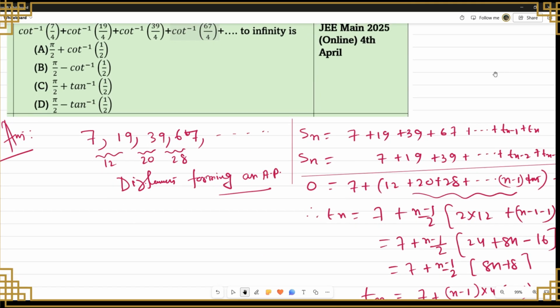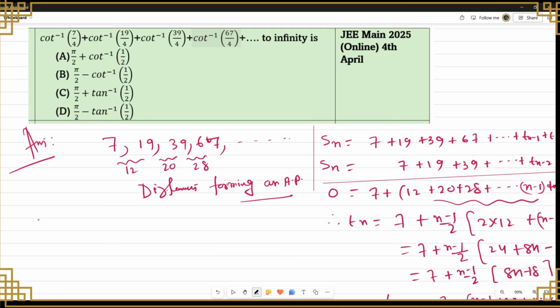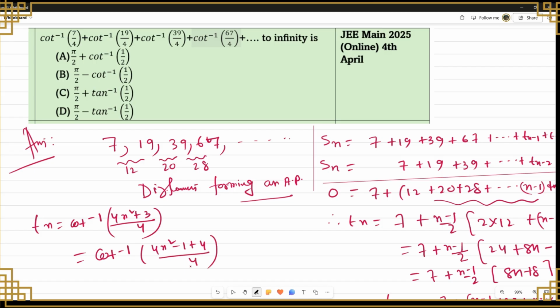So rewrite the given series, or write the nth term. Cot inverse of this we can rewrite as cot inverse of 4n square minus 1 plus 4, divided by 4.